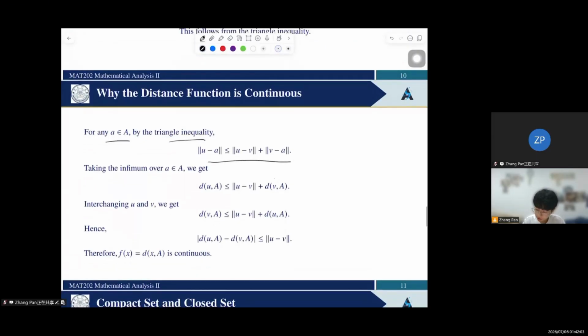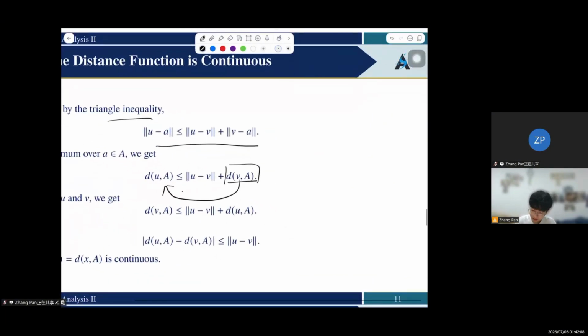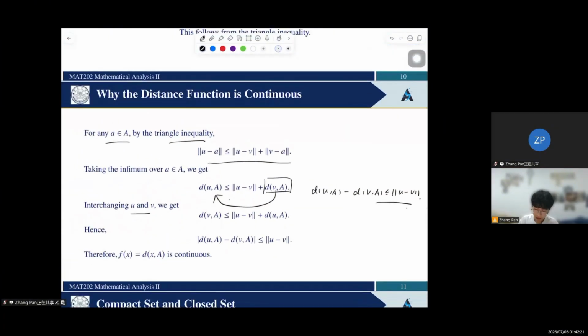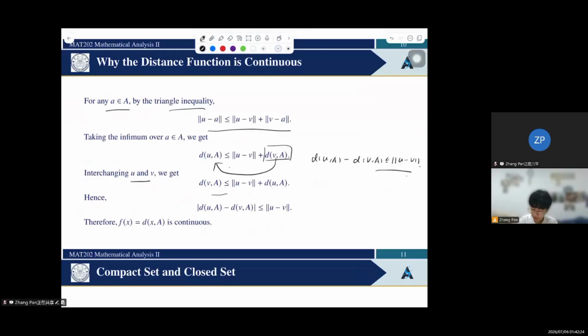Then we move this term to the left side, so we get the distance between u and A minus the distance between v and A is less than this. By interchanging u and v, we can get the other formula. Similarly, we can move this to the left side too. Then we get that the absolute value is less than this. So we can prove that this distance function is continuous.